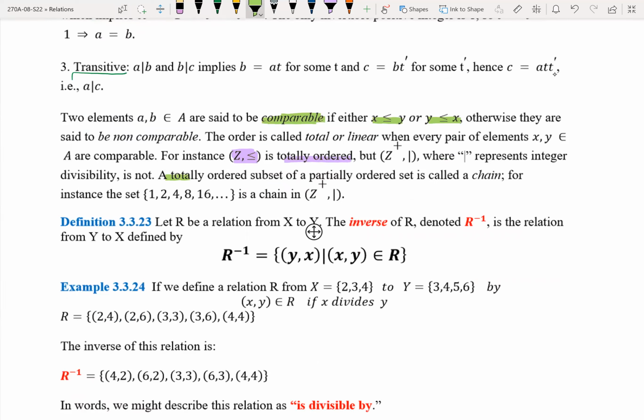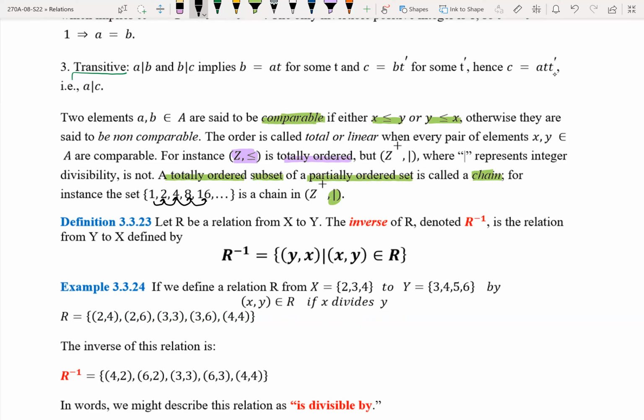So a totally ordered subset of a partially ordered set is called a chain. If you have one subset of your partial order which has all elements comparable, that's called a chain. For divisibility, we have a good example of a chain, because as you see, this is one example: 1 divides 2, 2 divides 4, 4 divides 8, 8 divides 16.